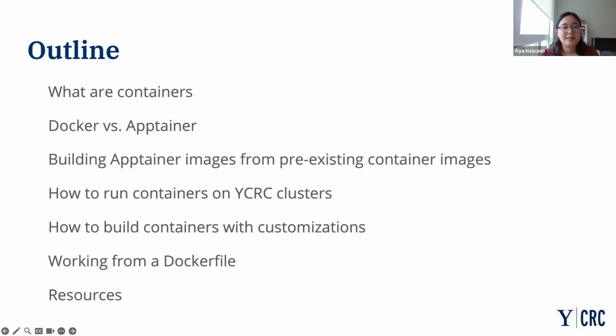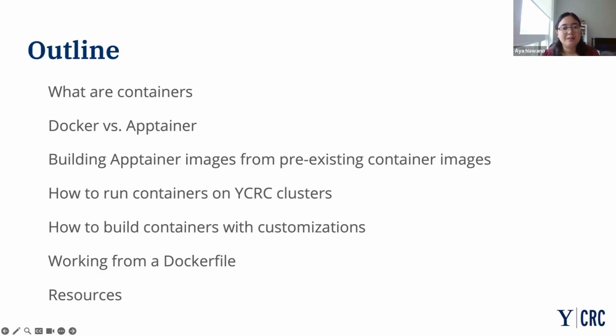This is the outline of this tutorial. We'll first start by discussing what containers are and why they're useful. Then we will talk about two container platforms, Docker and Apptainer, and the differences between them.